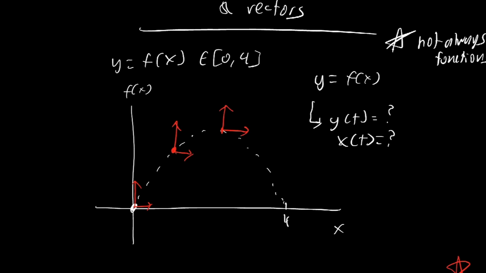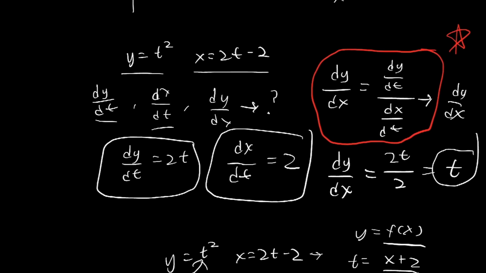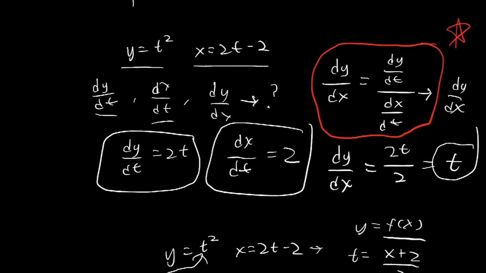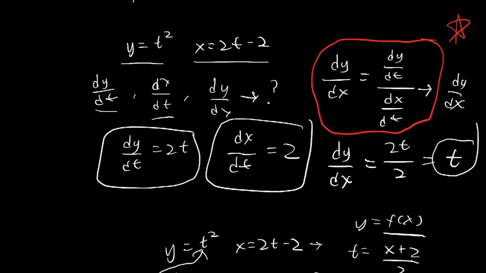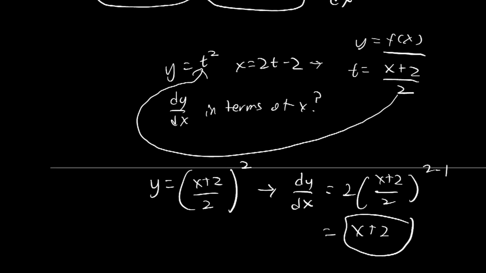They're just parametric curves. We can find the rate of change of these curves by taking the individual respective derivatives of y of t and x of t, and we can use this formula to find the dy dx, how it moves along the plane, not just individually in their own respective components.